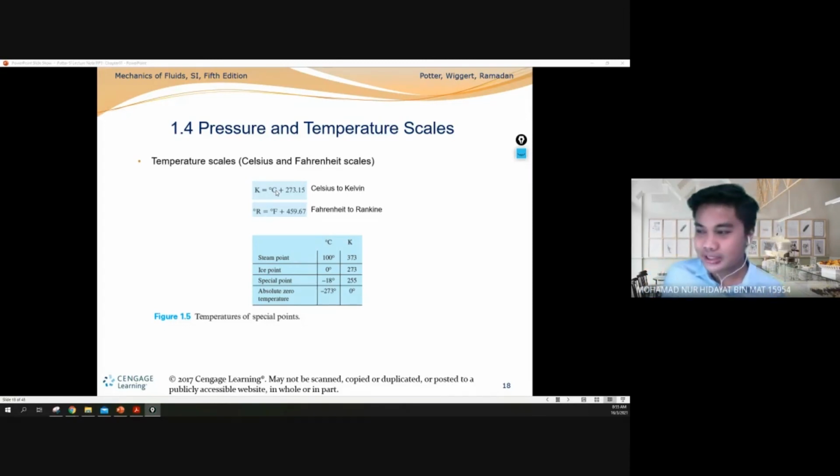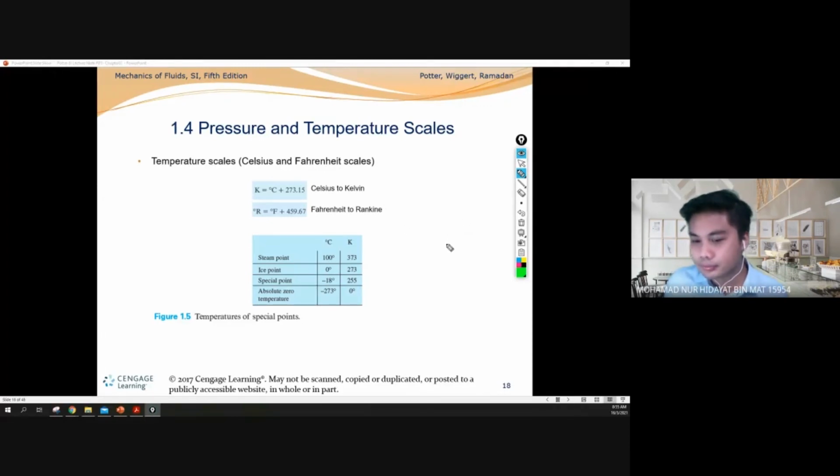Anyone knows what's the difference between the absolute and the ordinary temperature? Yes, correct, Ahmad. Substance does not move at the absolute temperature.